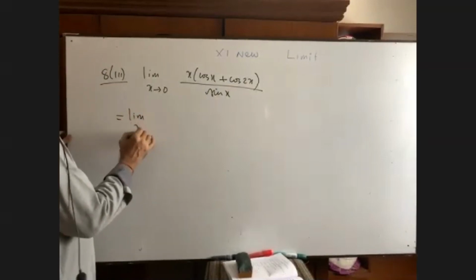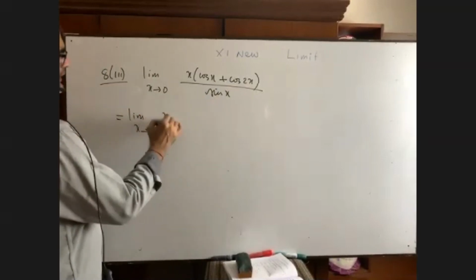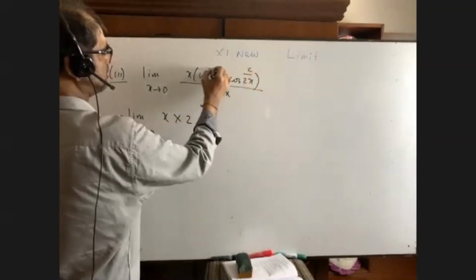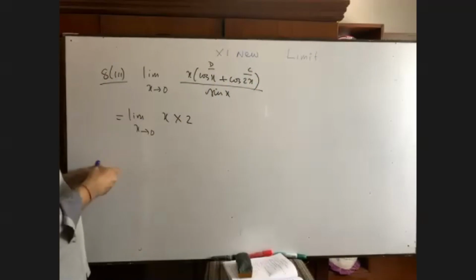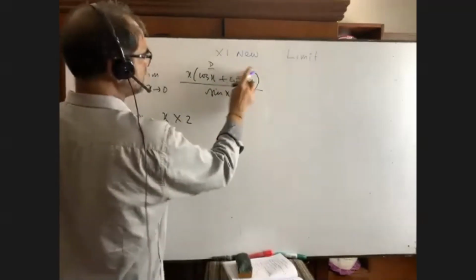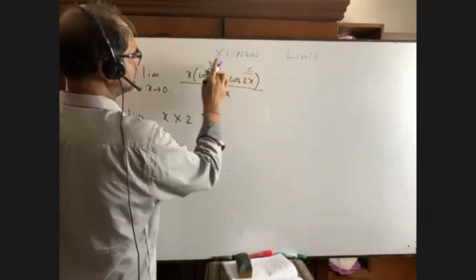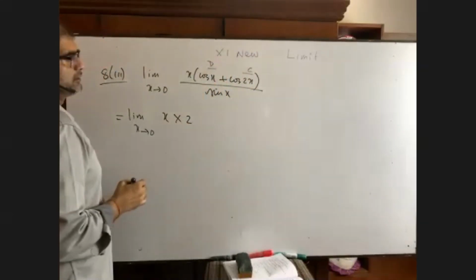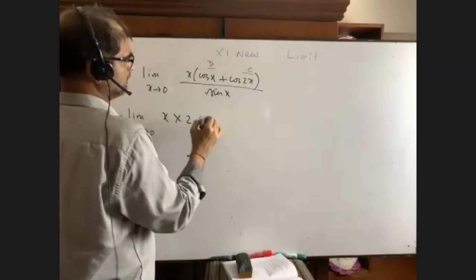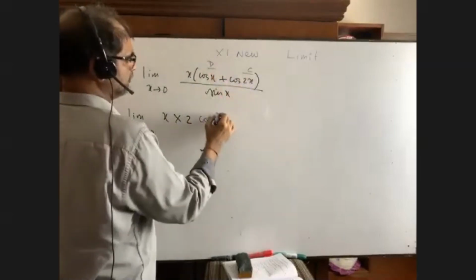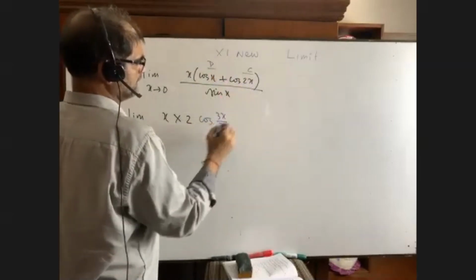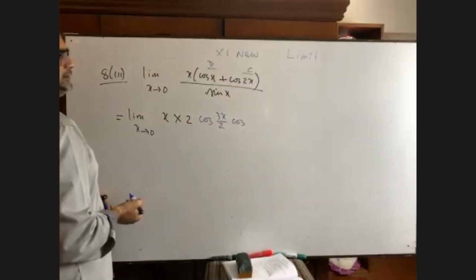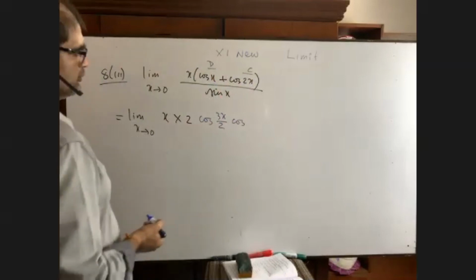Limit x tends to 0, x into, this is c, cos c plus cos d. Consider this as c, cos c plus cos d. What is the formula? 2 cosine of (c plus d) by 2, then cosine of (c minus d) by 2, right? Talk to me.